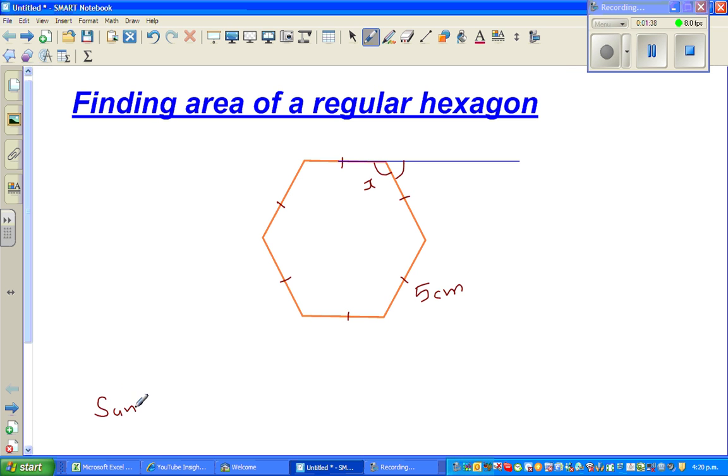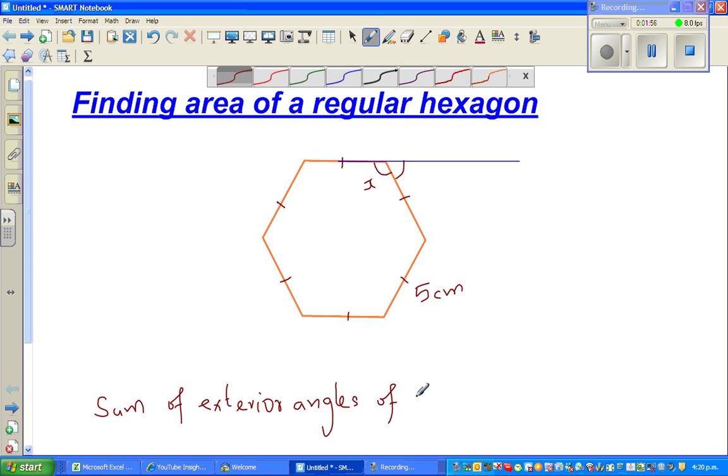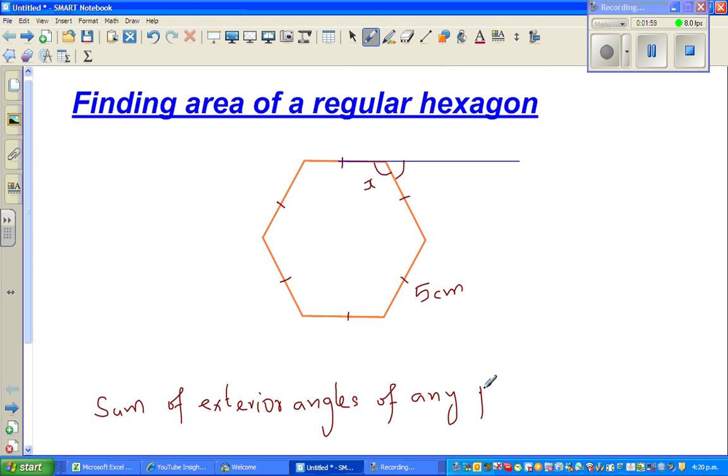The sum or addition of exterior angles of any polygon, that means any number of sides, is always 360. If you take any polygon, a hexagon, a pentagon, or an octagon, if you add the exterior angles, it will always be 360.